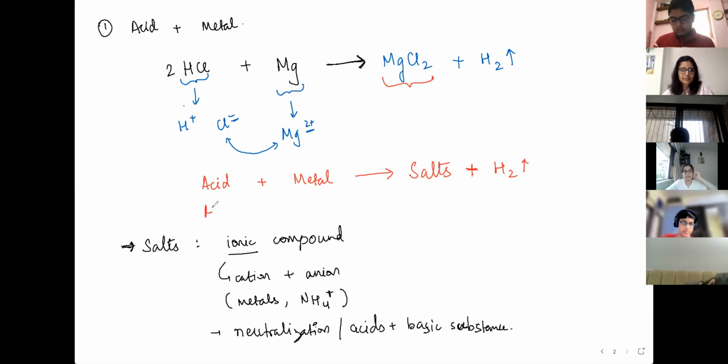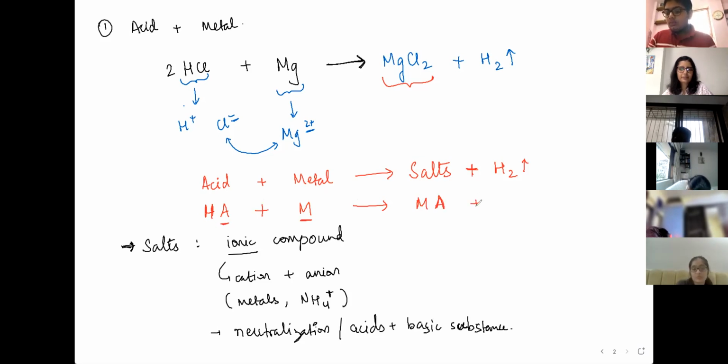So acid, let's call it HA, where H is the hydrogen and A is the anion part of it. Could be Cl minus, it could be SO4 2 minus, could be NO3 minus, anything, HA. Plus metal, M, gives salt, which is basically the acid's anion plus the metal. So this will form MA plus hydrogen gas is given out.